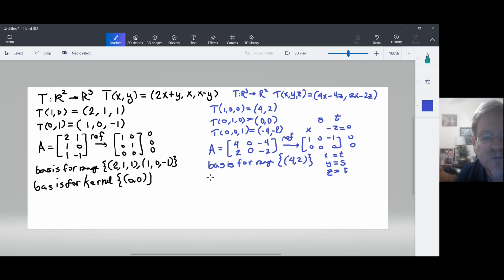So for the kernel, thinking about the t's, the basis vector would be 1, 0, 1.